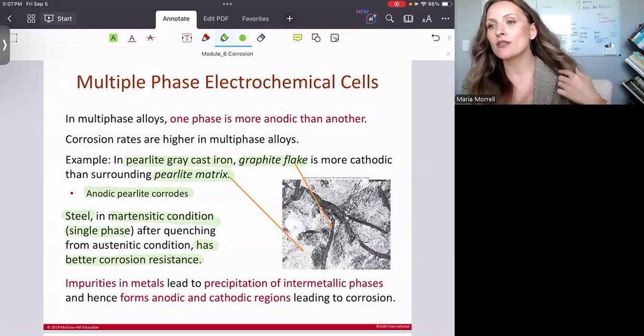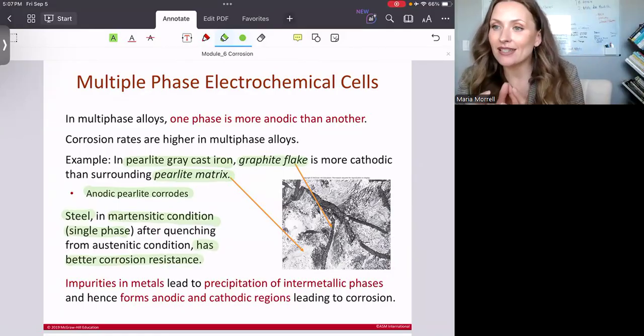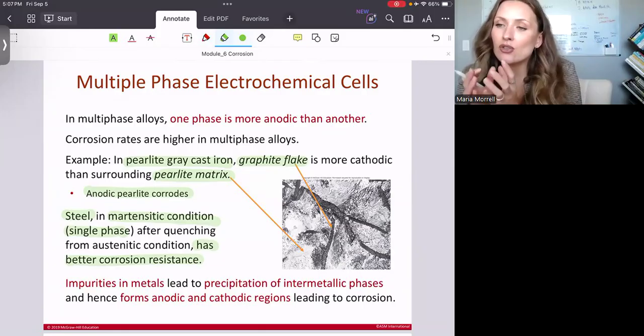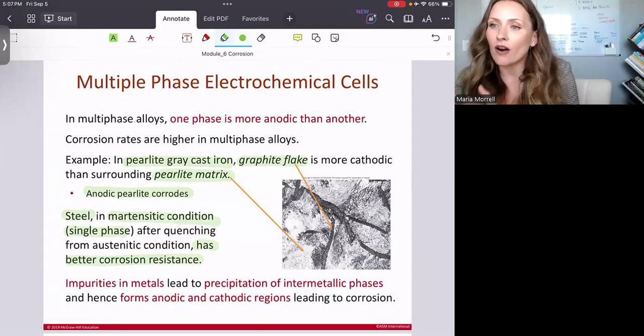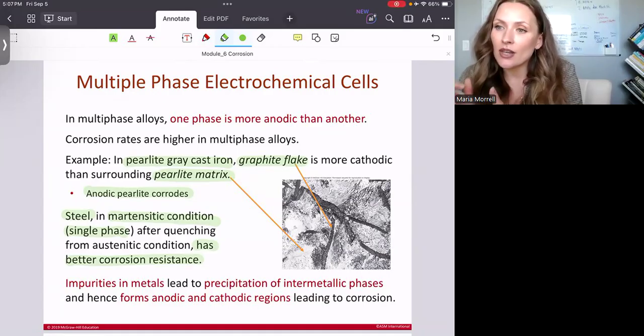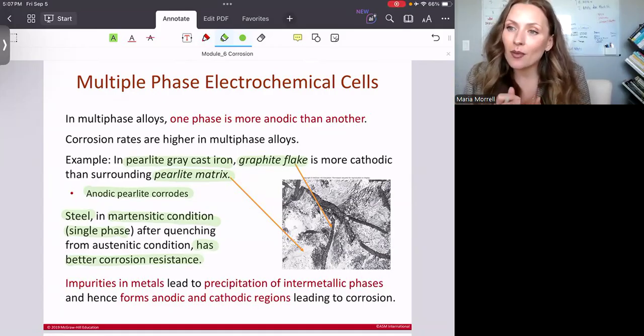But I have to be aware that if I end up with a multi-phase alloy, doesn't matter how strong it is, if it has to serve in the environment where it requires corrosion resistance, do not put that material in there because you are setting up the material for a failure, right?